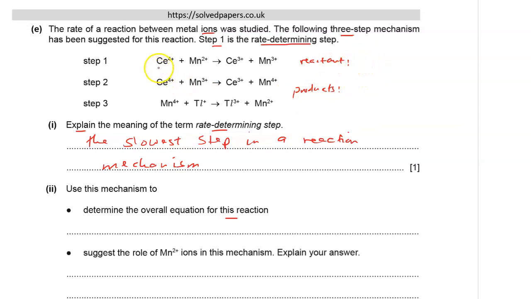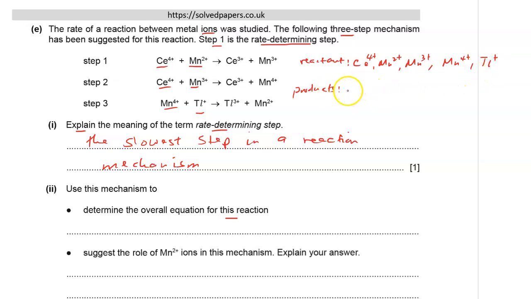So the reactants there are Ce4+, Mn2+, we have Ce4+ again here so we don't need to write it again, then we have Mn3+, Mn4+, and Tl+.